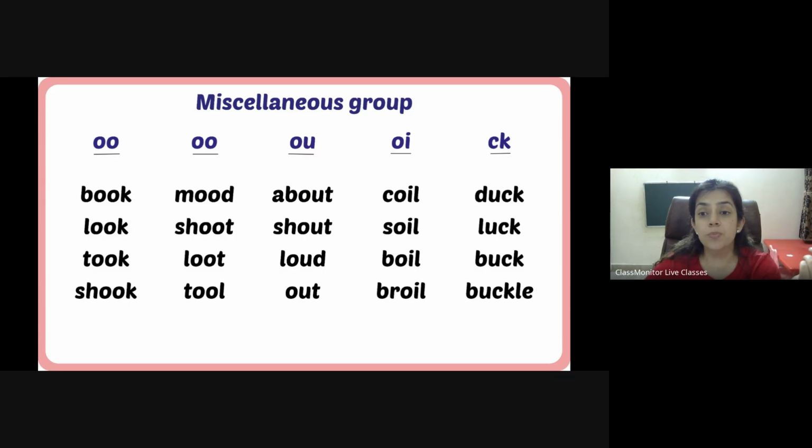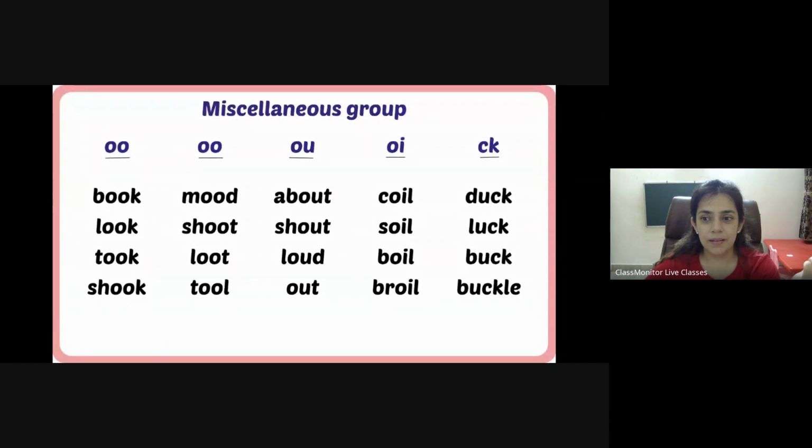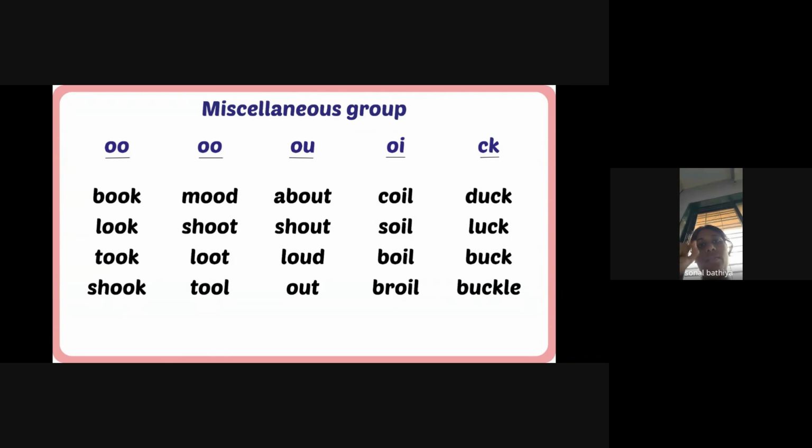Why did you read it as mood only? Why? None of you made this mistake. Why? Maybe, ma'am, when the word ends with K, it gives a short sound.